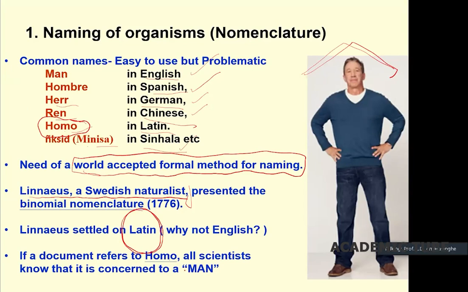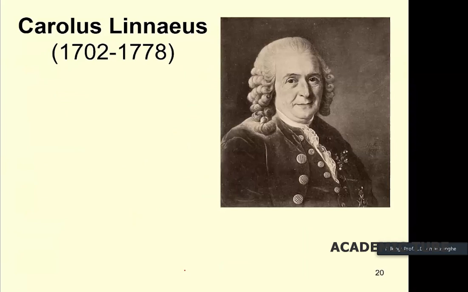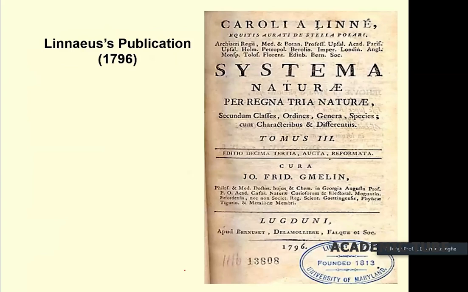So he is the person who introduced the nomenclature that we accept today, called binomial nomenclature, and lived from 1702 to 1778. This is his very first publication based on the naming of organisms.